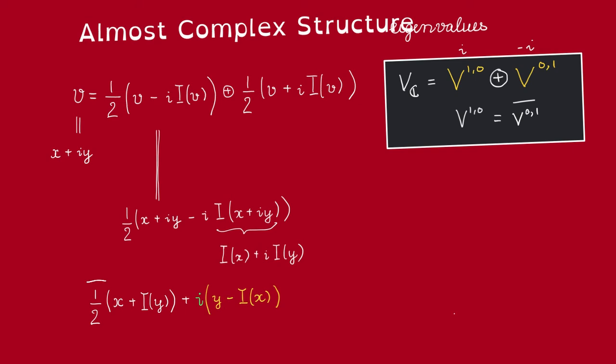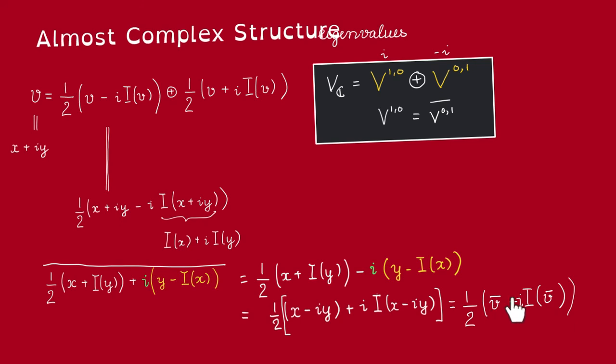In particular, its conjugation is going to be... And this clearly lies in the (0,1) component. So conjugation maps V^{1,0} into V^{0,1} and vice versa.